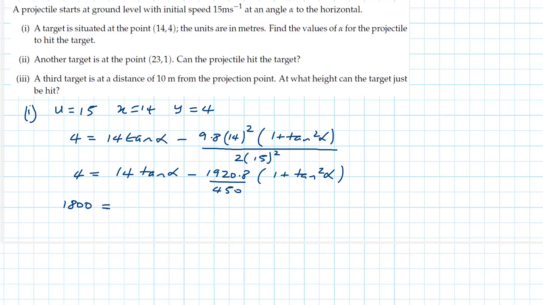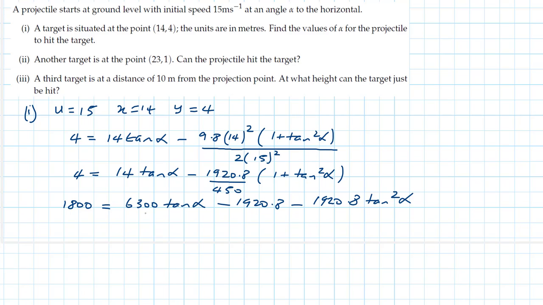1800 is equal to 6300 tan alpha, take away 1920.8, take away 1920.8 tan squared alpha.